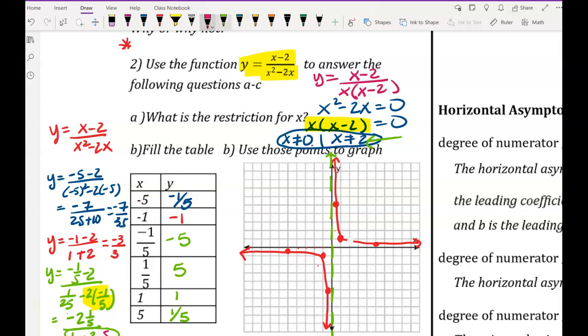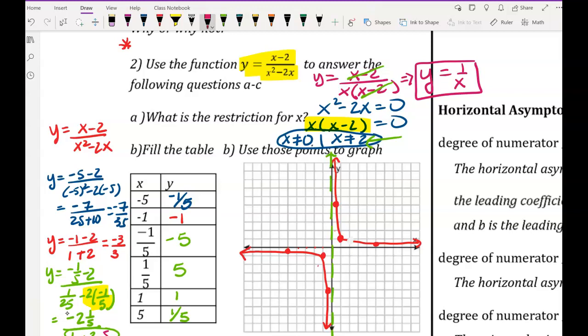Well, in math, we have to reduce. So after we reduce, our equation came out to be y equals 1 over x. Well, that's the same as number 1. No wonder we have the same graph.